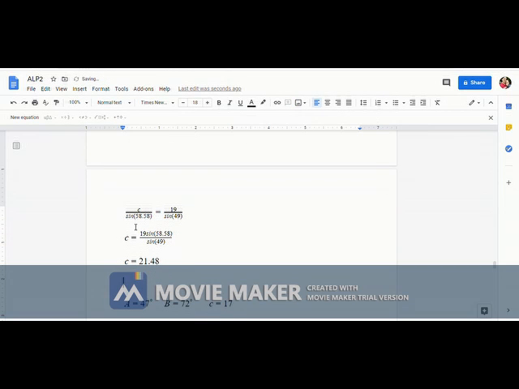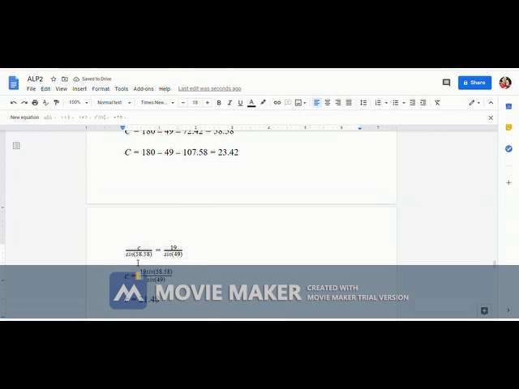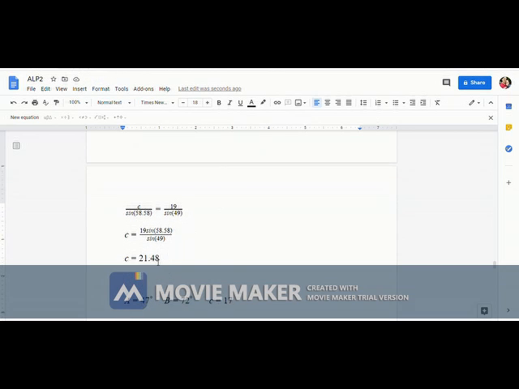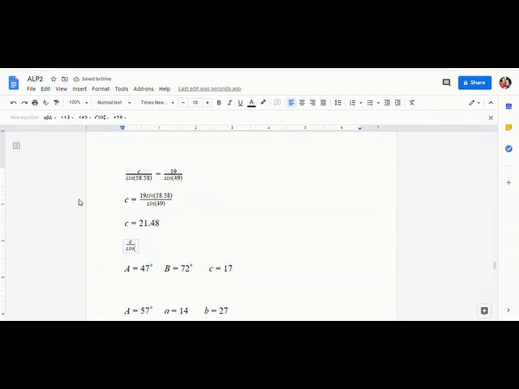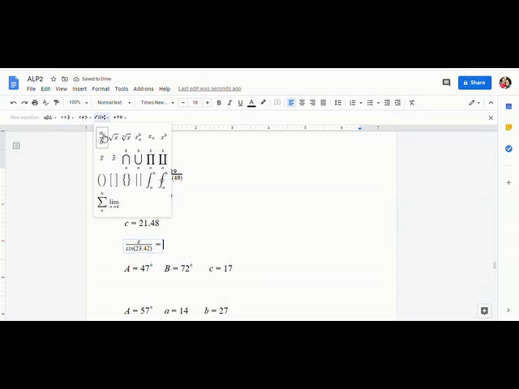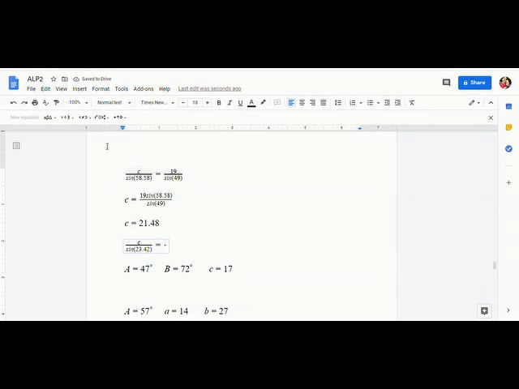Okay, and now we'll do the same, but instead of using 58.58 as our angle of C, we're going to use 23.42 for our second solution. So we'll use the law of sines again. So sine of 23.42 equals, and we'll use A again. So we've got 19 over sine 49.